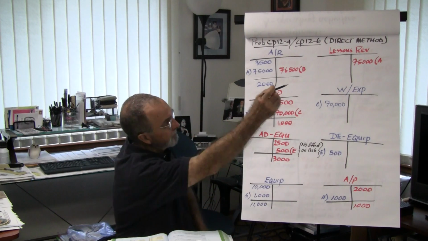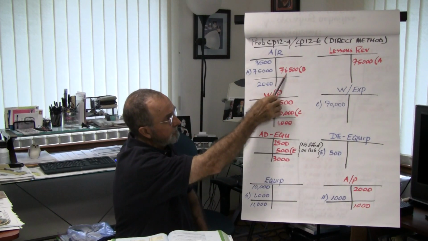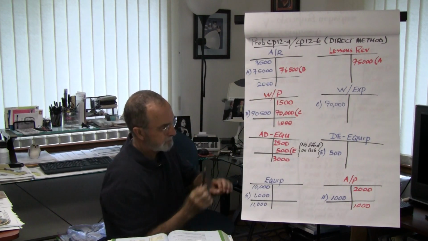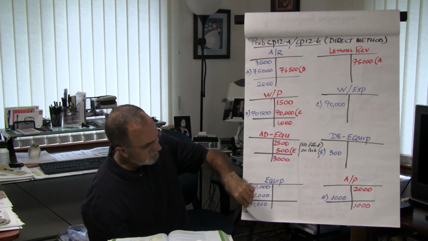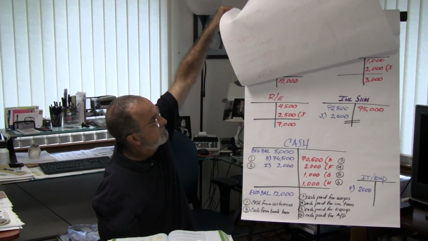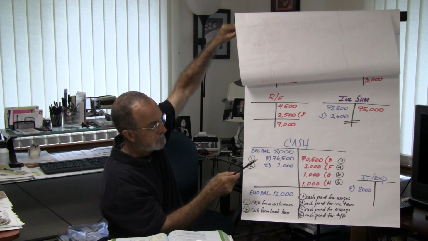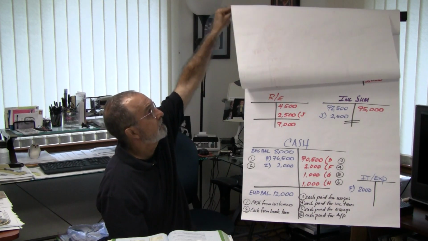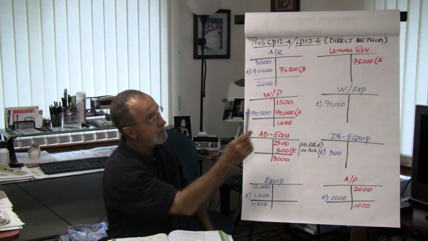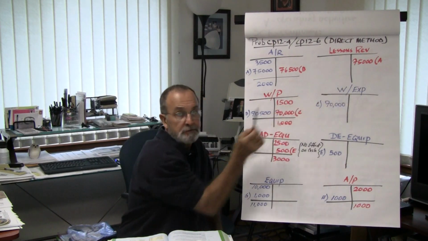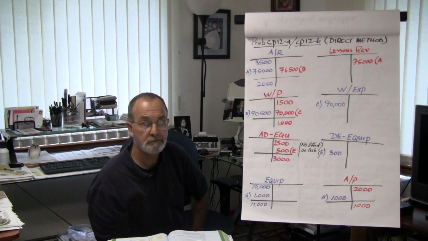So again, we have calculated the credit amount in accounts receivable, and it is offset by a debit in the cash account, and that debit of $76,500 represents cash collected from customers, which, as you might tell, is a little different from our lessons revenue, which was $75,000.